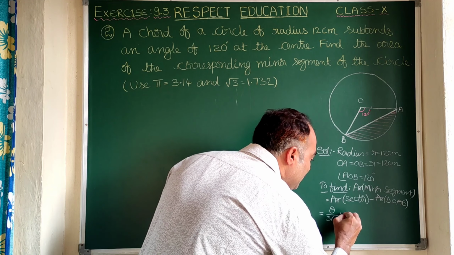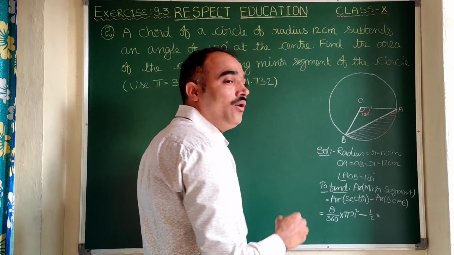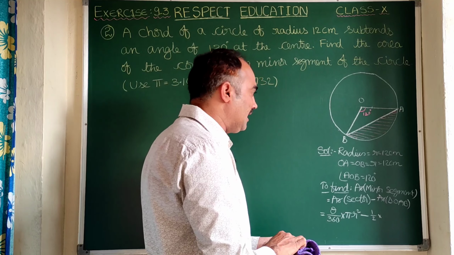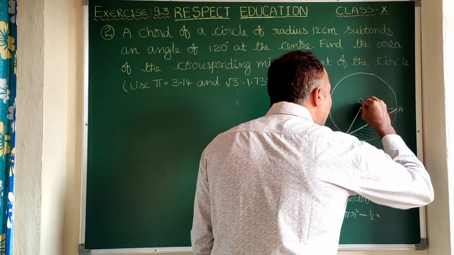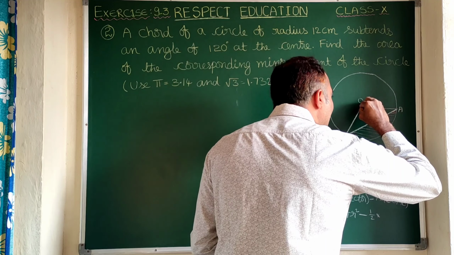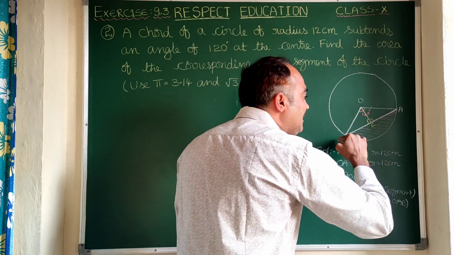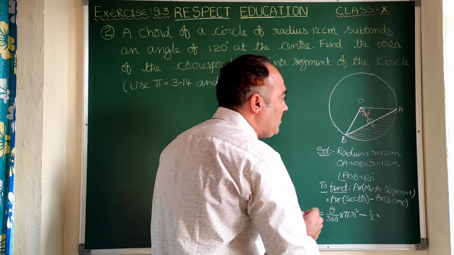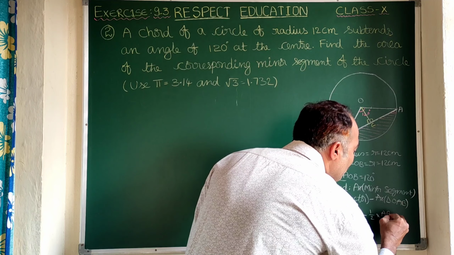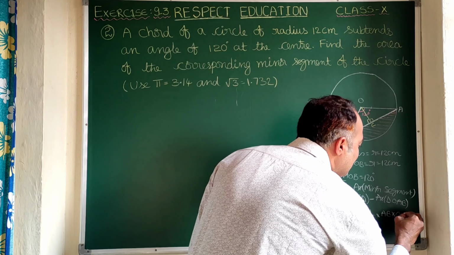How to decide the base? If we draw a perpendicular from the center O to the chord AB, this perpendicular line bisects the chord. Let us take this point as C. So clearly C is the midpoint. That means OC is the height and AB is the base. So half into base means AB into height is OC.